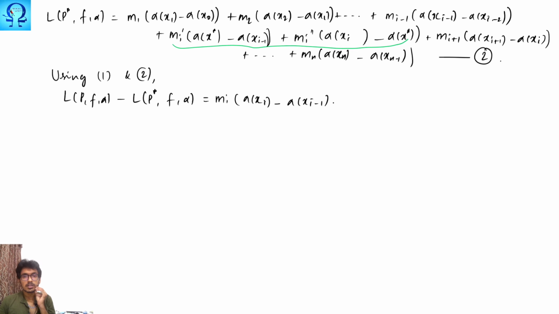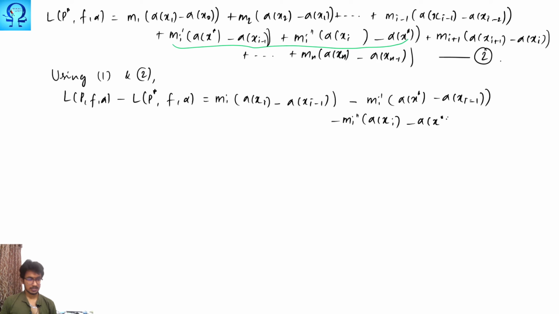So this quantity minus mi prime times alpha of x star minus alpha of xi minus 1, minus mi double prime times alpha of xi minus alpha of x star. These are the terms we are left with.